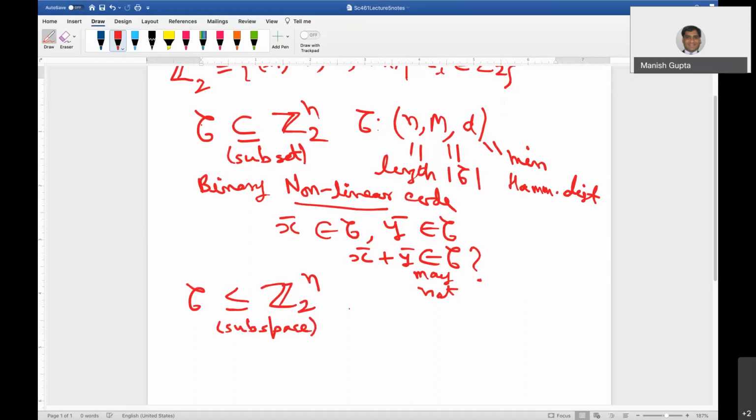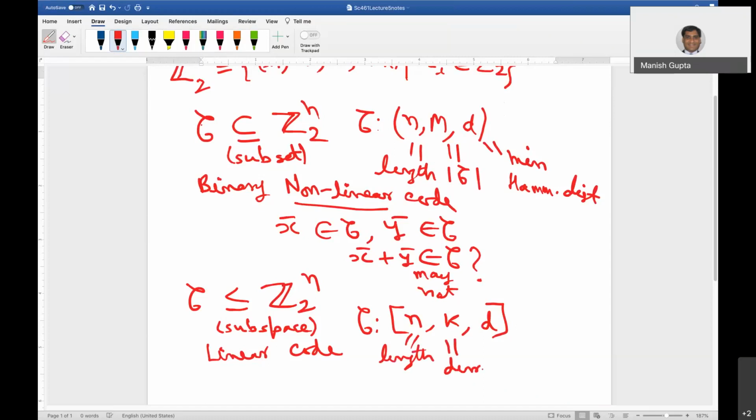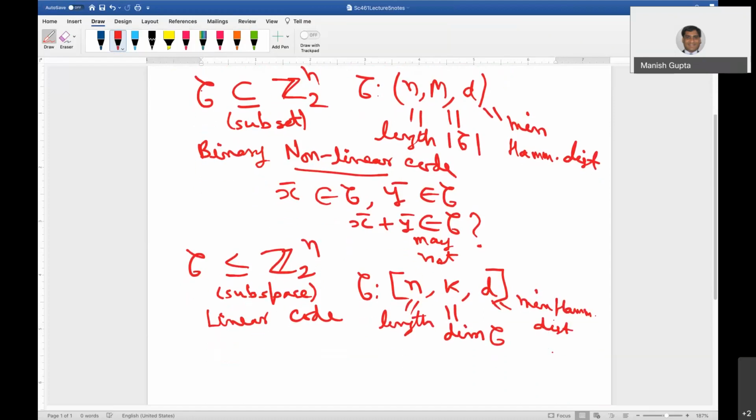And so in this case, C is called a linear code, and we denote C by [n, k, d]. n is the length as usual. k is known as the dimension of C, because now it's a linear code, so it has a dimension, and d is the same thing as the minimum Hamming distance. Okay, so that means C is nothing but a vector space. We know that it is a k-dimensional vector space.